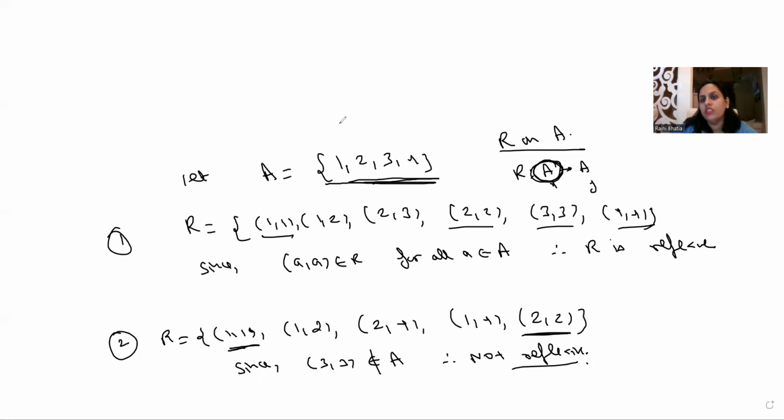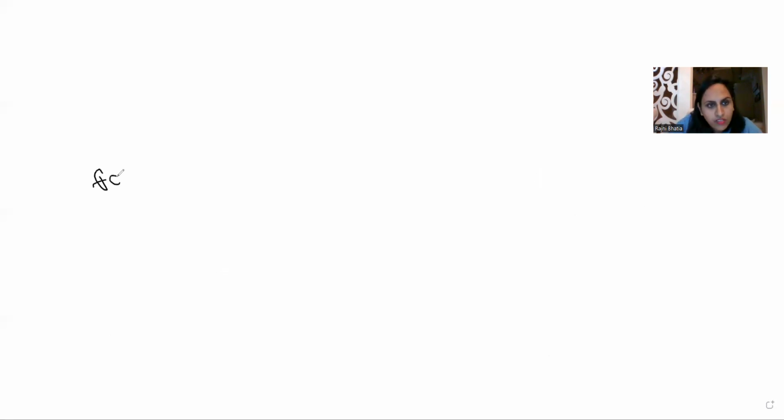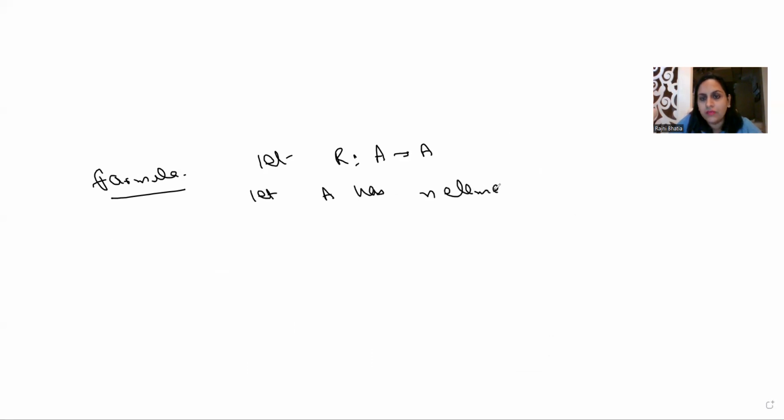So this was about the reflexive relations. Now there is a formula for reflexive relations. And the formula is, let R be a relation on A and let A have n elements. Then the number of reflexive relations.